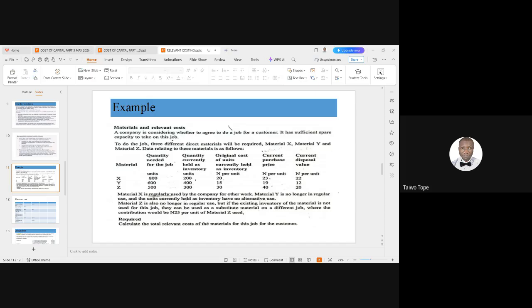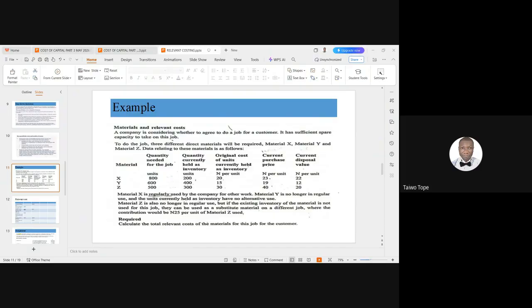Once you see this statement in the question, have no alternative use, just know that it's either you are having an opportunity cost where the products can be used, but in this case, have no alternative use.